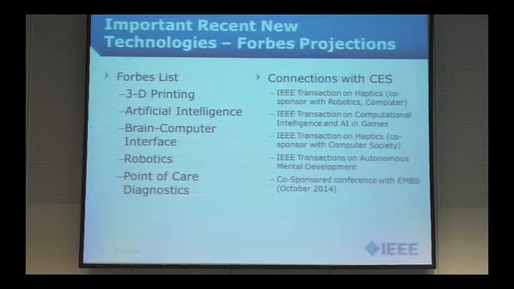Okay, so I thought this was an interesting thing that I ran across. I did a little research before coming here to try to find something you guys might be interested in. So, recent new technologies, this is from Forbes, these are projections. If you look at the Forbes list and the connections with your society, CES: 3D printing, you have the IEEE Transactions on Haptics co-sponsored with Robotics and Computer that actually has a lot of articles on 3D printing.